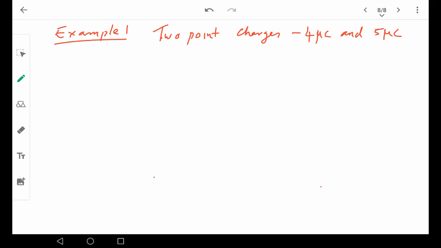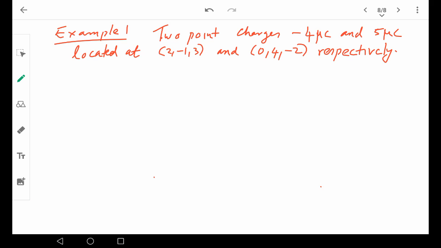Example. You have 2 point charges of minus 4 microcoulomb and 5 microcoulomb located at (2, minus 1, 3) and (0, 4, minus 2) respectively.